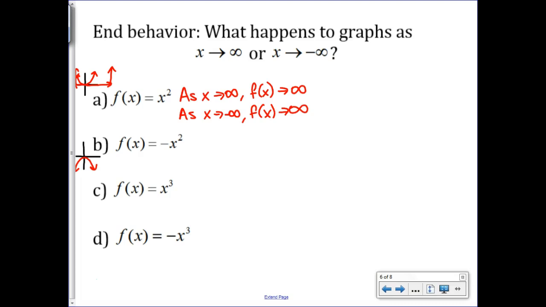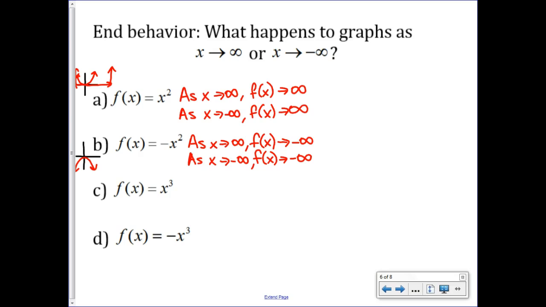So as x approaches infinity, as x goes all the way to the right, then my f of x, my y value, is going all the way down, which is negative infinity. As x approaches negative infinity, as it's going all the way to the left, my y value, f of x, is going down as well, so negative infinity.